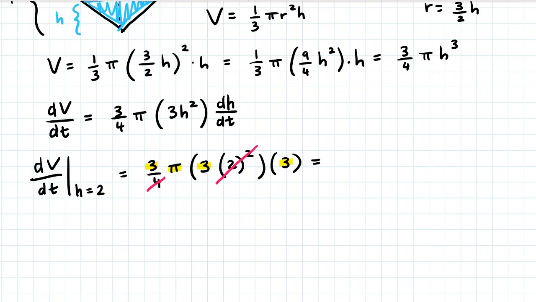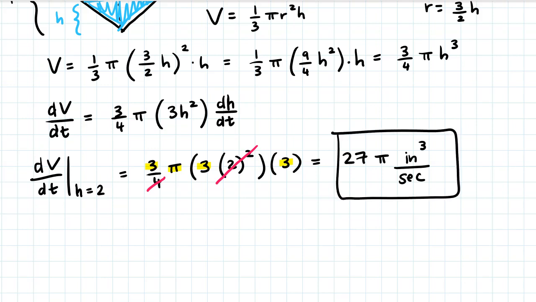And if we simplify that, 3 cubed is 27, so we should have 27 pi. And we're looking at the rate of change of the volume, and so the units on this are going to be cubic inches per second. And that is our final answer.